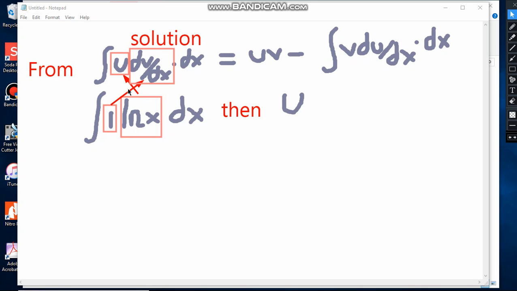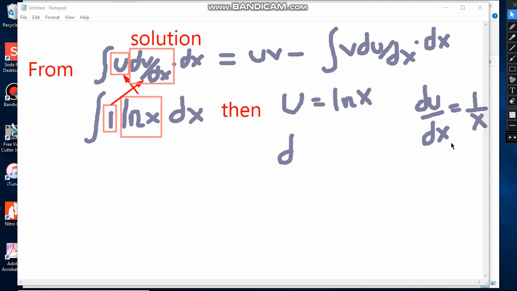Since we let u equal ln of x, when I differentiate u with respect to x, du/dx, I get 1 over x. Then dv/dx is equal to 1.